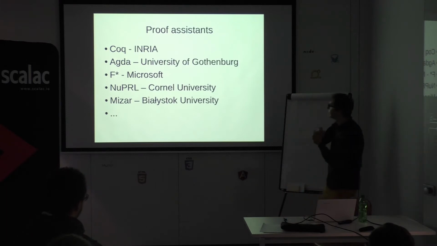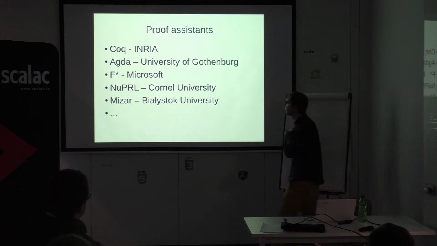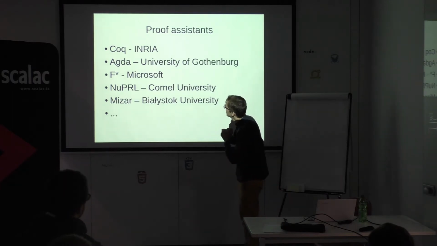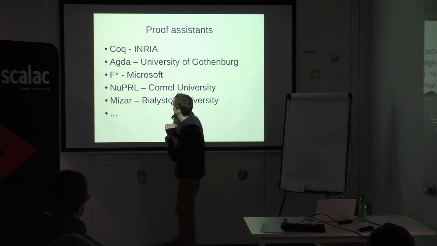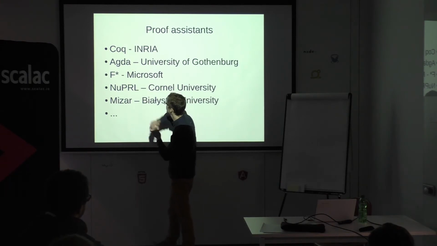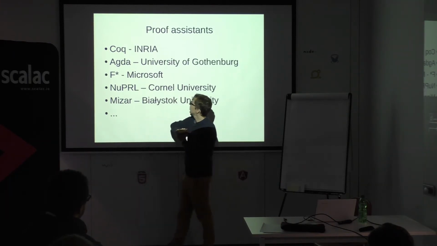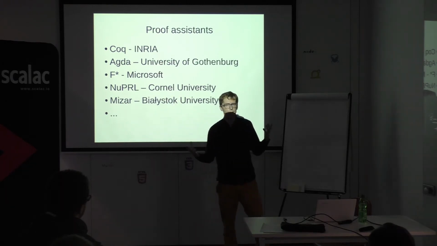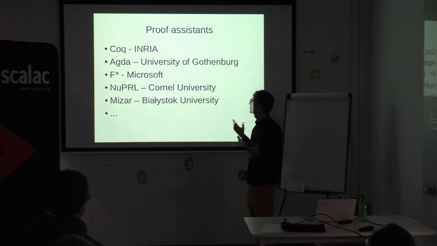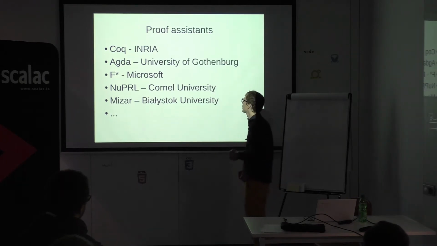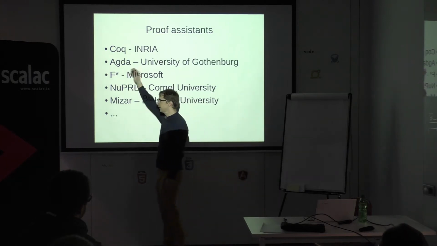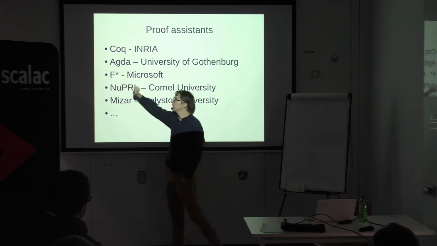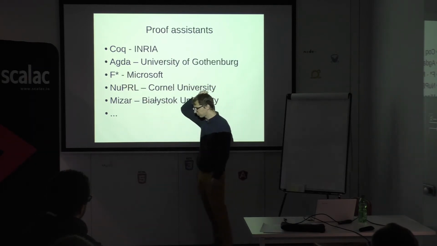So as I mentioned, there are many proof assistants, and some of them that are worth mentioning are Coq, of course. Coq is developed in France. INRIA is kind of like an Academy of Science, National Research Institute, something. Agda is another famous one. Agda is actually very closely related to Haskell, and it's developed in Gothenburg.